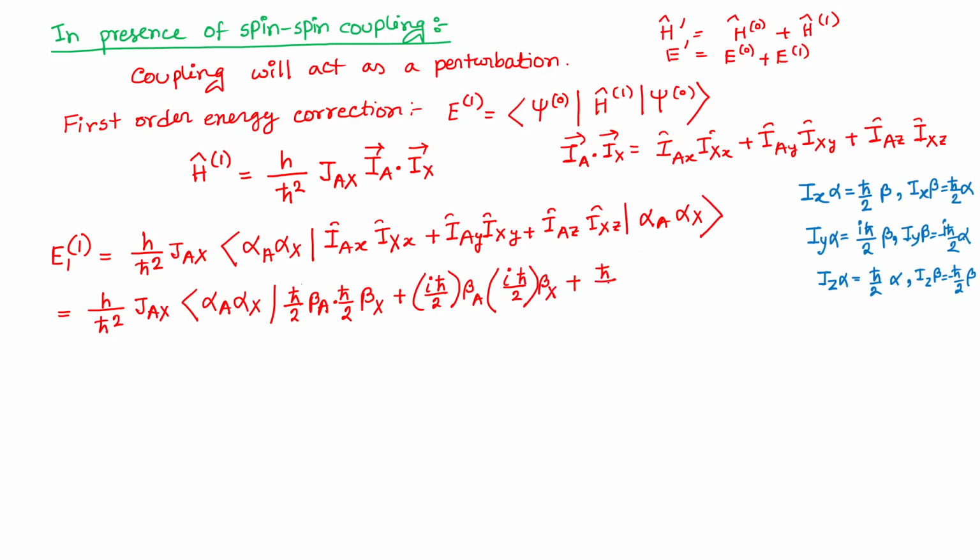Z's are relatively easy. Eigenvalue equation, h cut by 2 alpha X. So h cut square J_AX, alpha A alpha X, first is h cut square by 4 beta A beta X.